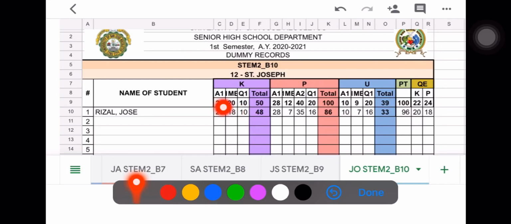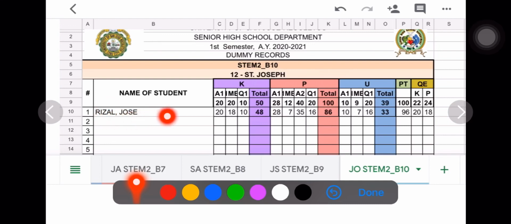So those are the total scores for the different activities, and so on for the process and for the understanding as well. For the PT, you have a total score of 100, and the quarterly exam for knowledge is 22, and process has a total score of 24.